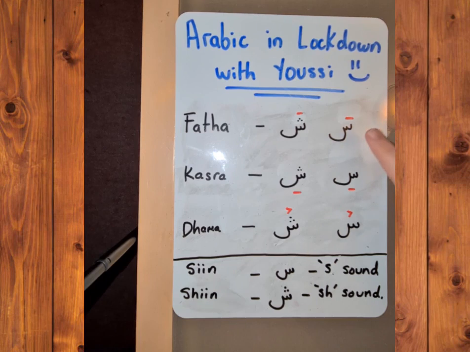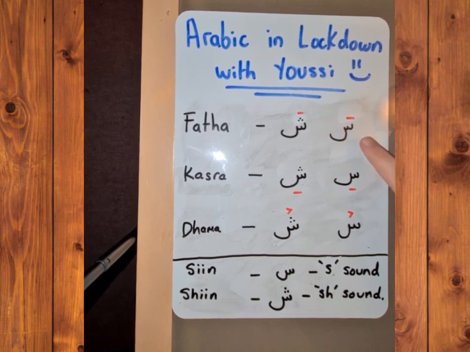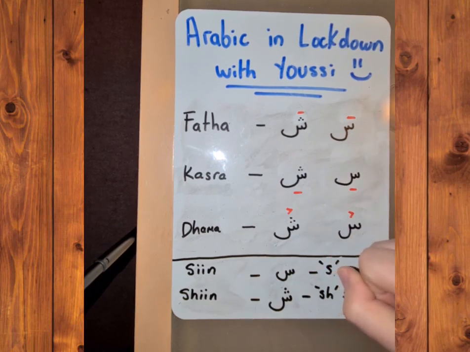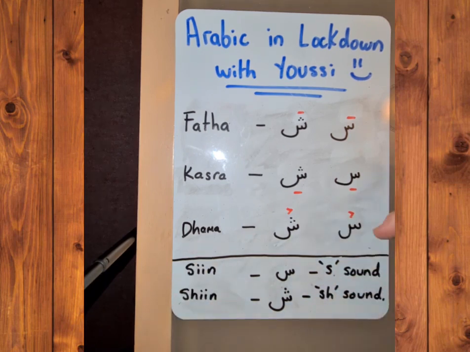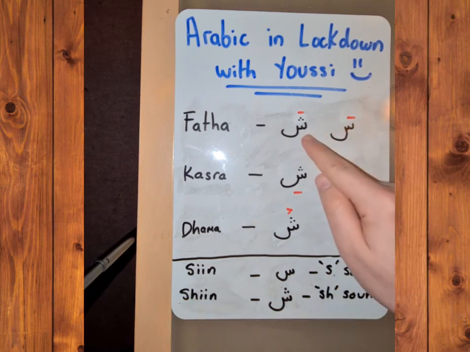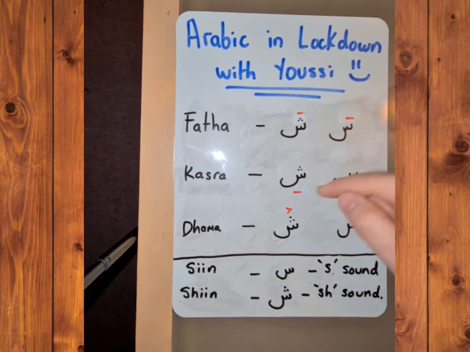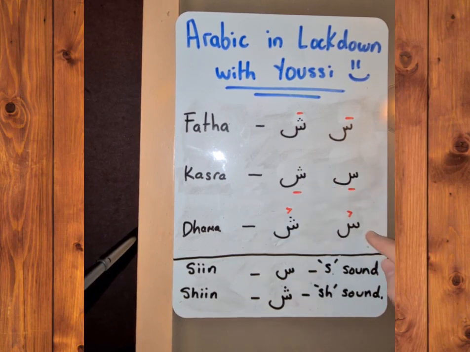For the fatha, sin would sound like this, sa, and sheen would be sha. For the kasra, it would be si and shi. And with the dhamma, it's su and shu. Let's go through them together again. Sa, sha, si, shi, su, shu.